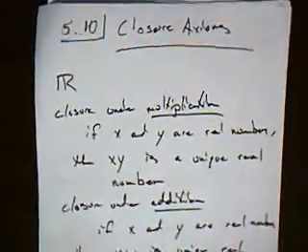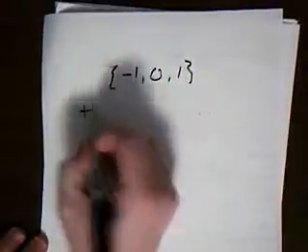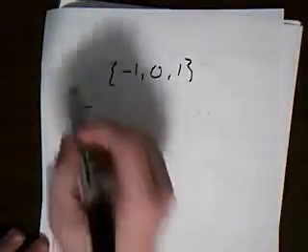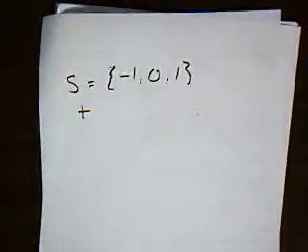Okay, so let's get some more practice with that, because it's a little more in depth than that. Consider a set of numbers, how about -1, 0, and 1? These are set symbols, which is set notation. Let's call this set S. Is set S closed under addition?